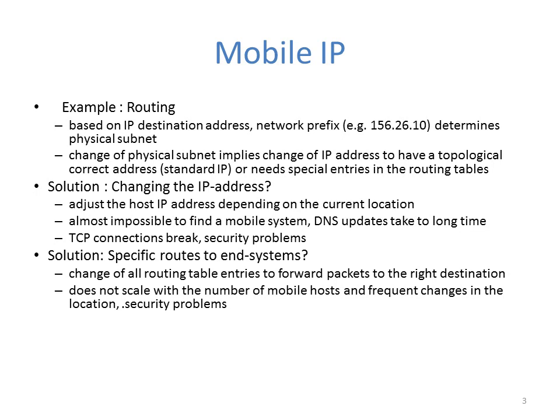Whenever there is a change in the mobile IP address, the data cannot be transferred directly from the source to the destination. Then we have to enter some special entries in the routing table. Such a problem can be solved by changing the IP address, that is, adjusting the hop IP address depending upon the current location, and also updating the DNS, and handling TCP connection breaks and security problems.